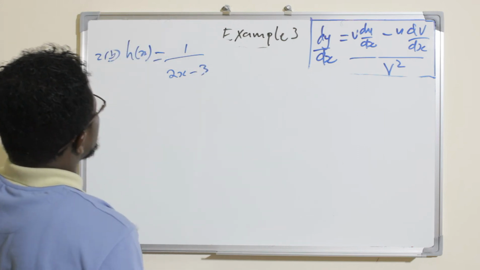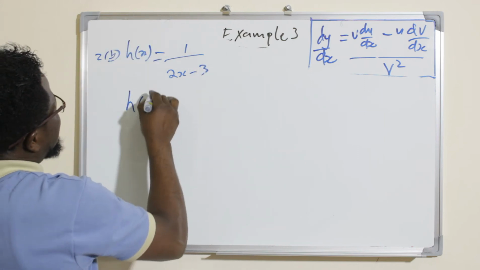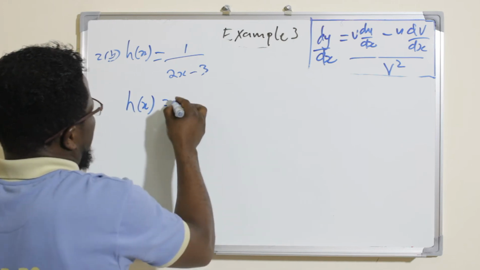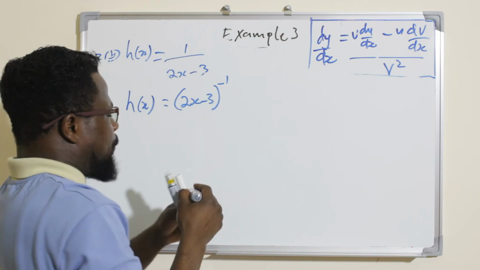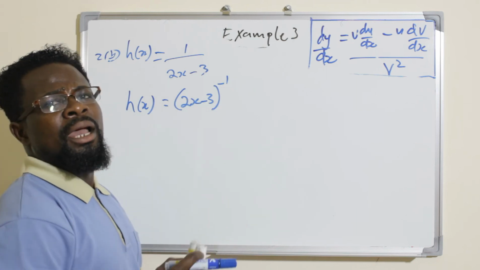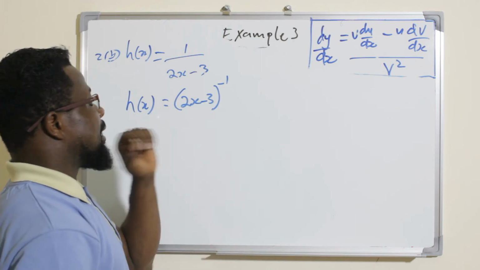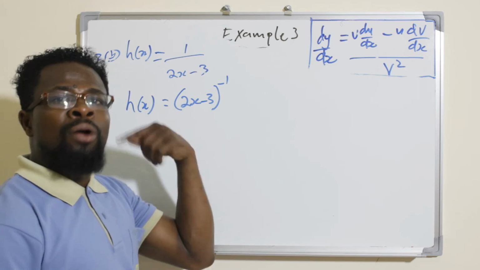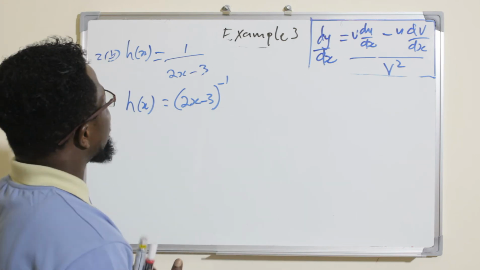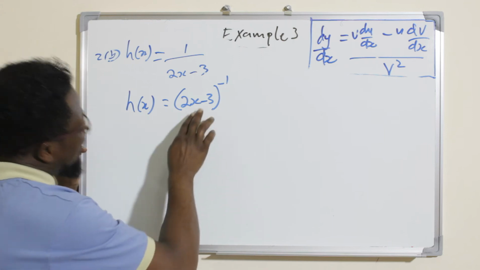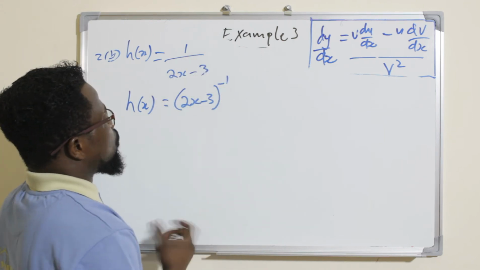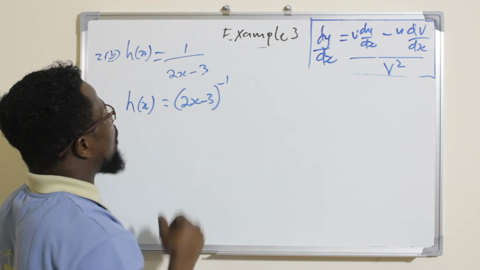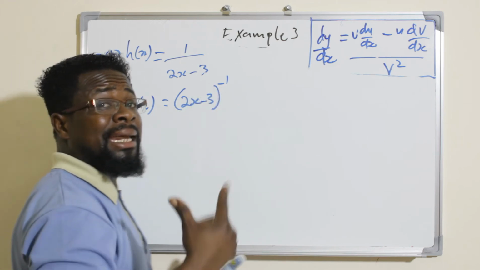I can write this simply as 2x minus 3 exponent negative 1. Once I have this, I can think of a rule I have used before. I have an inner function and an outside function, so I can apply the what?